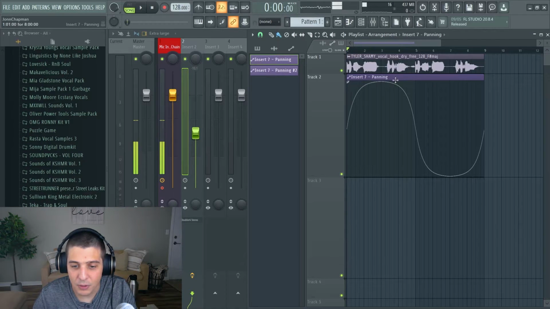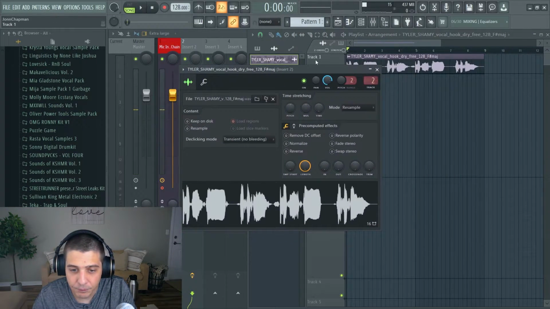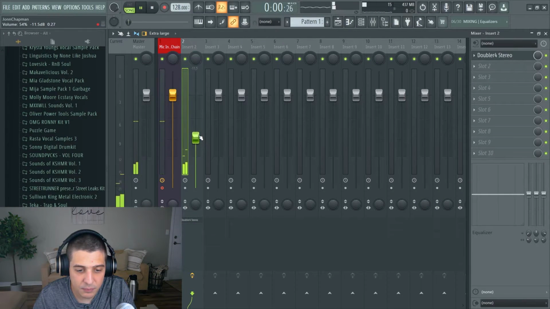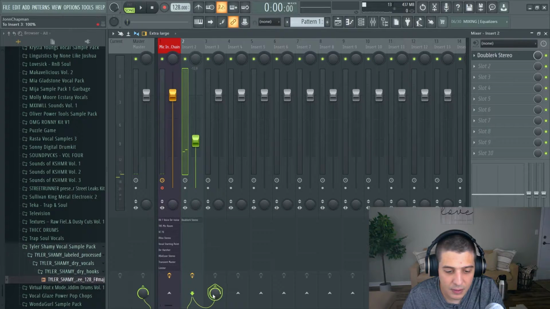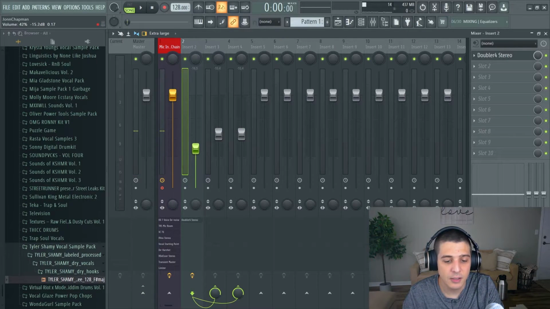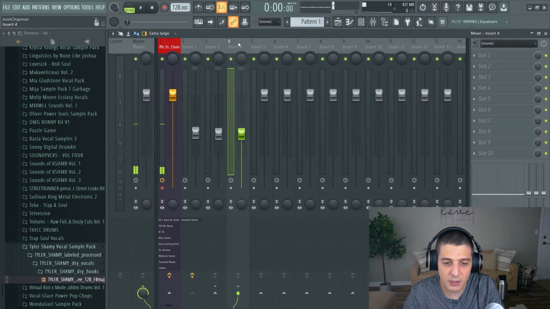I'll give you an example on this vocal, okay? If I have this vocal here, what I'm going to do is take this and route it to 2 here. So now I've got this playing into both of these here.